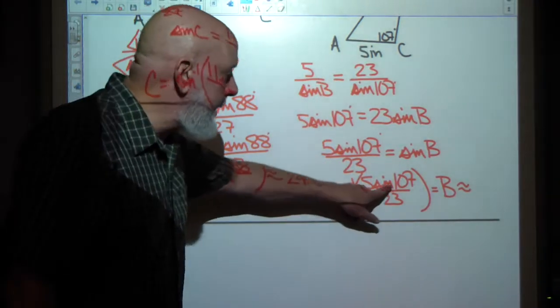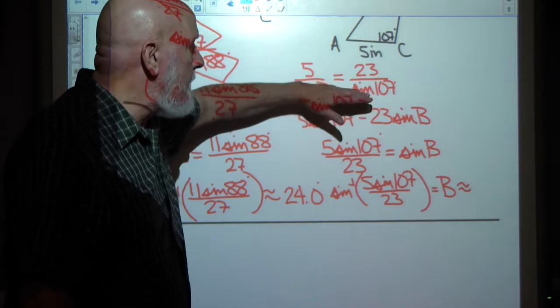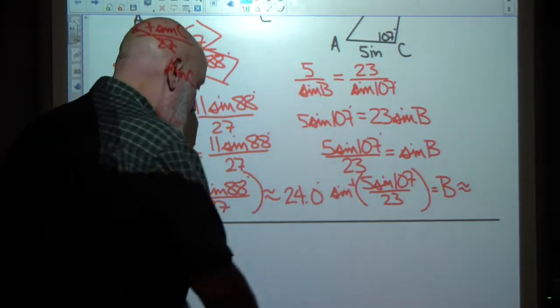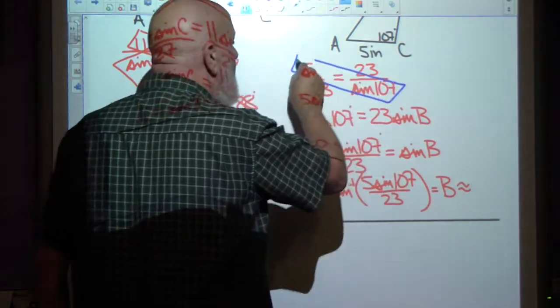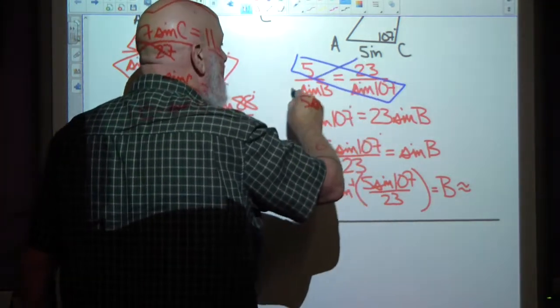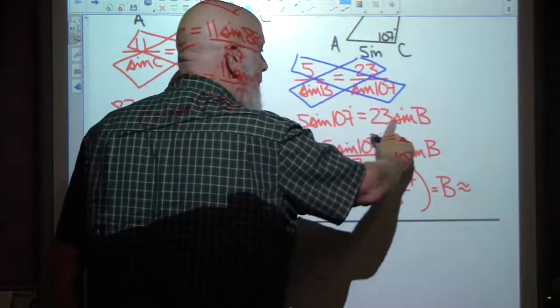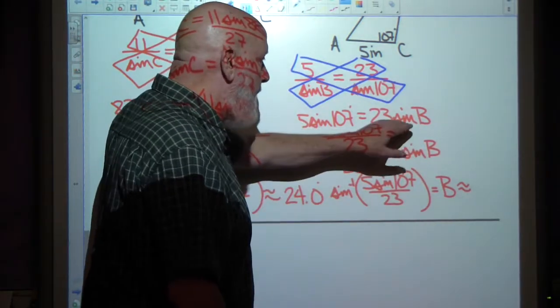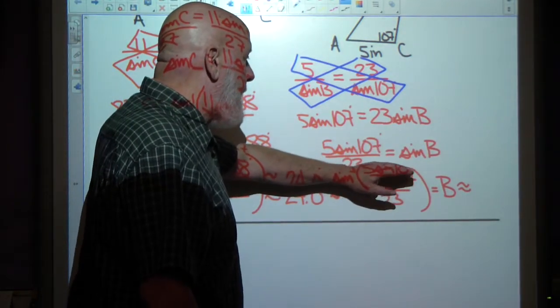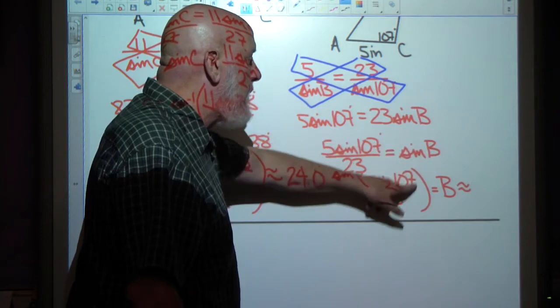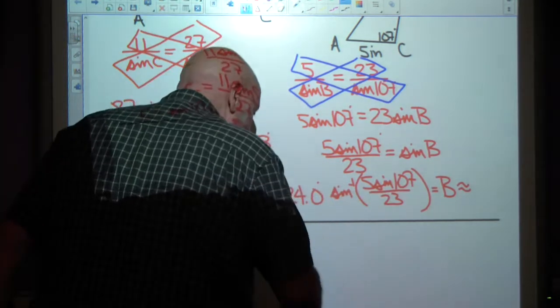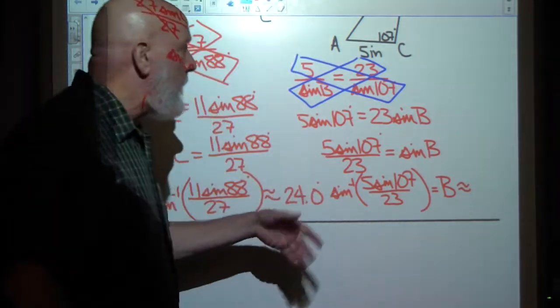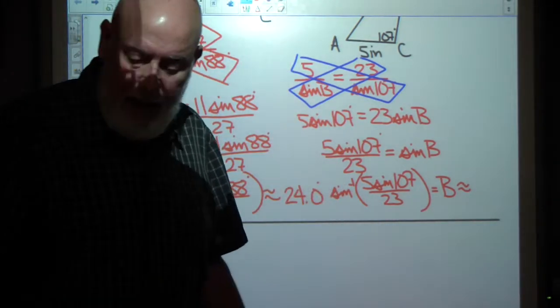I cross multiplied, 5 sine 107 is equal to 23 sine B. I want B by itself, so I divided by 23. Then I took the inverse sine. That left me with B by itself, and if I can get this into my calculator without goofing up, that will give me something that I can round to the nearest tenth.